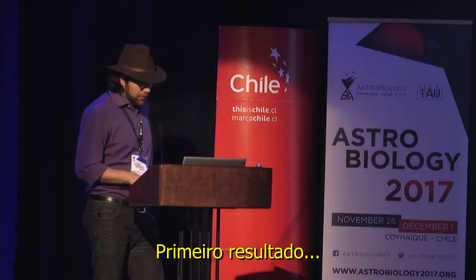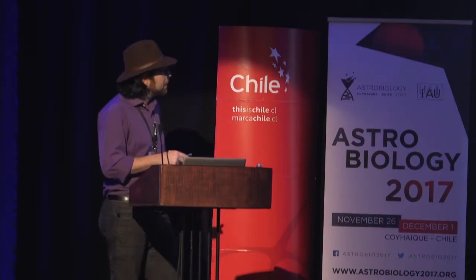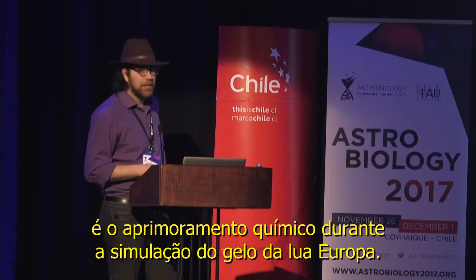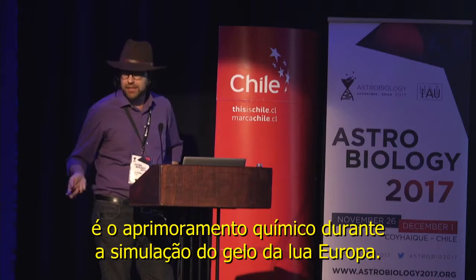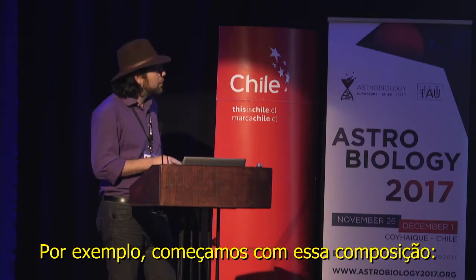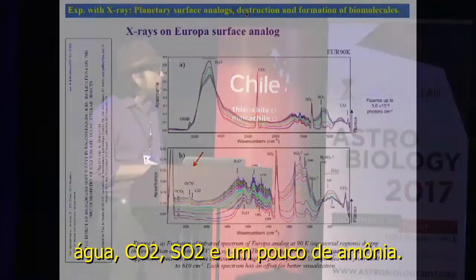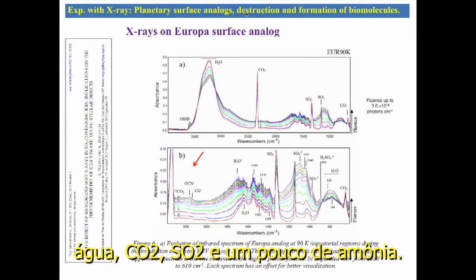Okay, the first result is the chemical enhancement during a simulation of Europa's ice, for example. We start with this composition: water, CO2, SO2, and a little bit of ammonia.